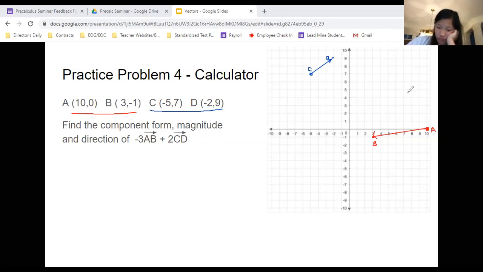We've got about a minute left. If anybody's already solved this problem and wants to put their answer in the chat, go ahead. If not, we'll get started in a minute.